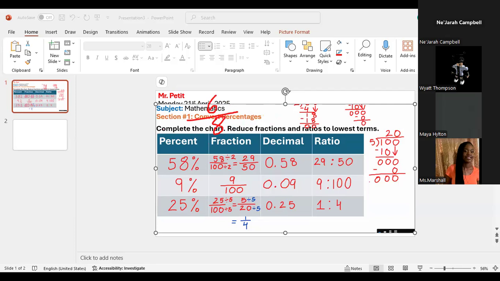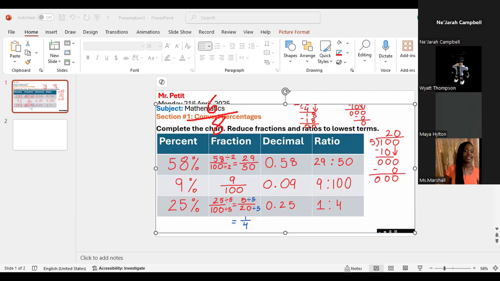What number could go into 6 and 8 without leaving a remainder? Think about it. 4. Hmm? No. What number could go into 6 and 8?